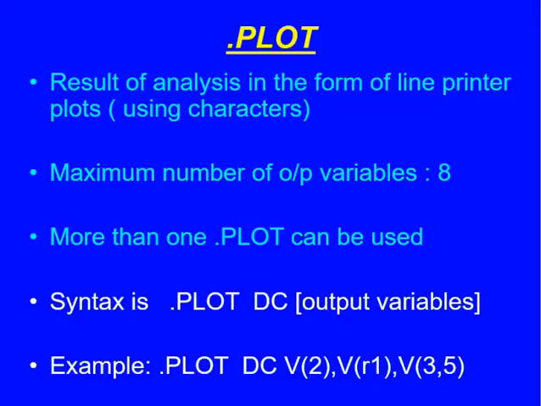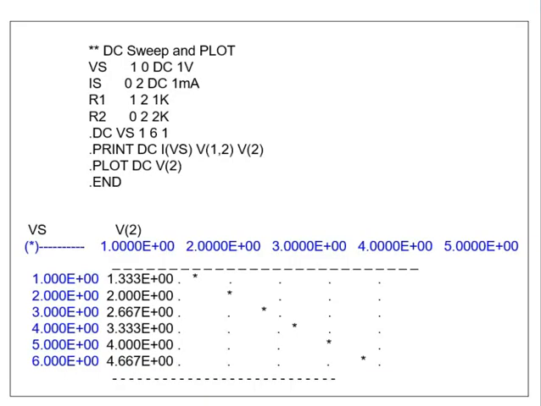For example, we'll see an example, the same example. This is the program. In this program, we are going to perform the DC analysis. DC analysis is denoted by the .DC command, and the step size is also given in the .DC command, that is, from 1 unit time to 6 unit time in steps of 1 unit time.